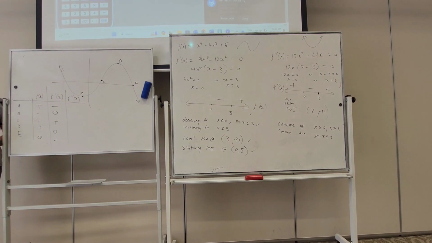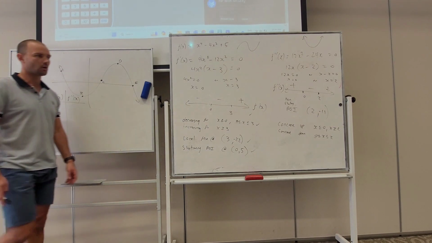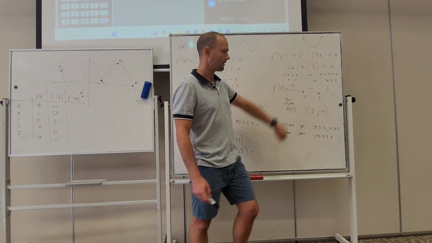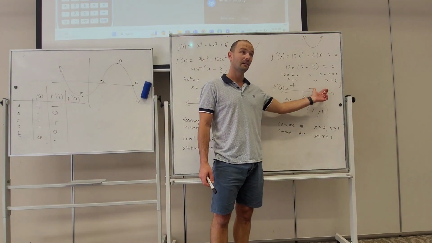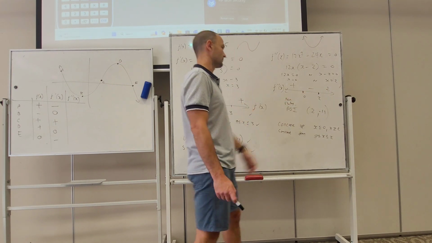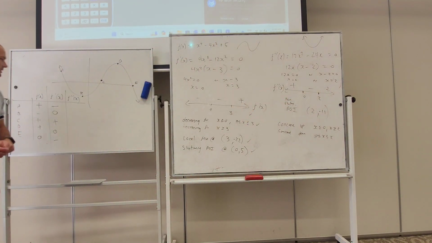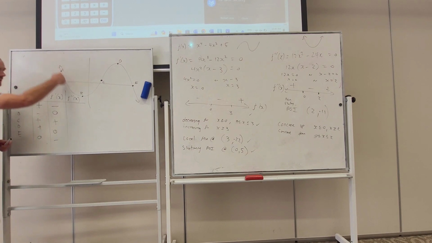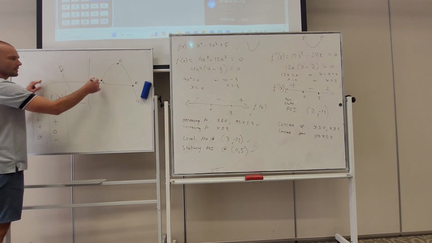Now the second derivative. This is what we've learned this lesson. The question we're asked is, is it concave up or concave down at that point? If it's concave up, it's positive. If it's concave down, it's negative. And if it's a point of inflection, it's a root. It's 0. So we can see point A, concave up. It's concave up until we get to here.